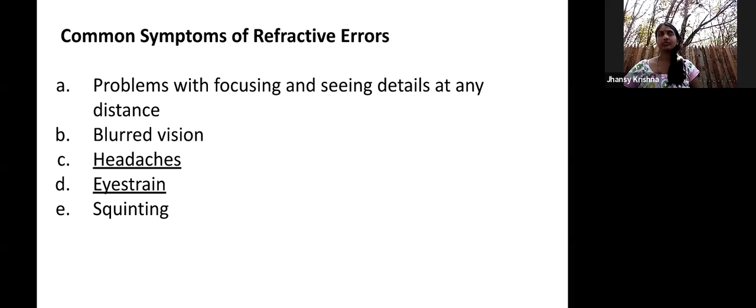There is a problem seeing objects at a distance, and this is in myopia. In hypermetropia, there is a problem seeing objects that are nearby.